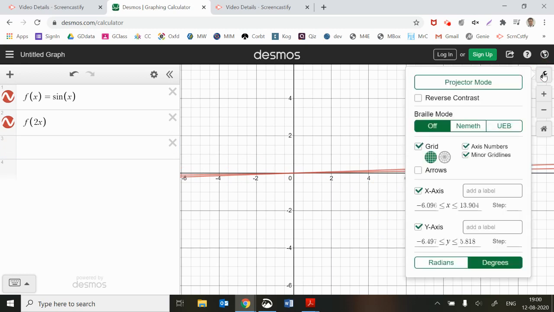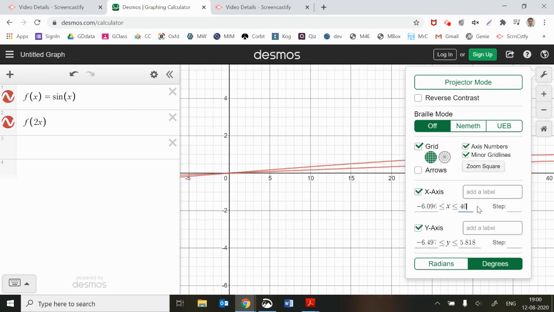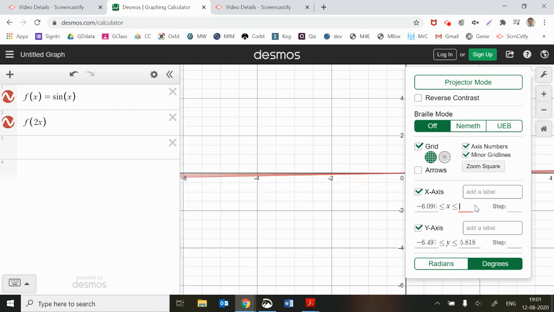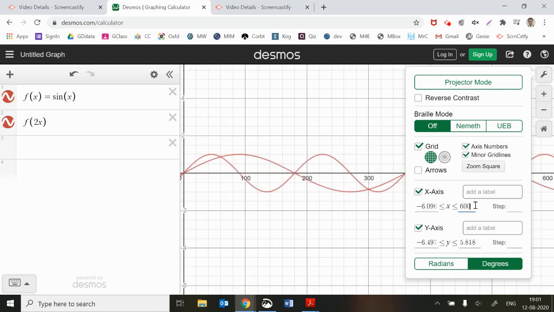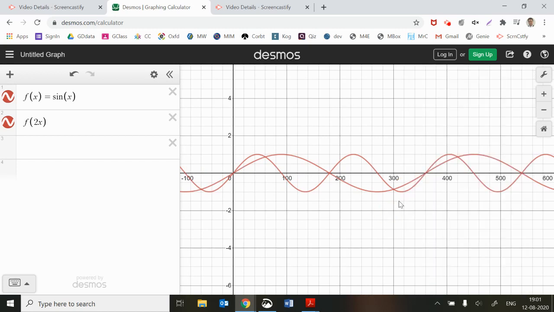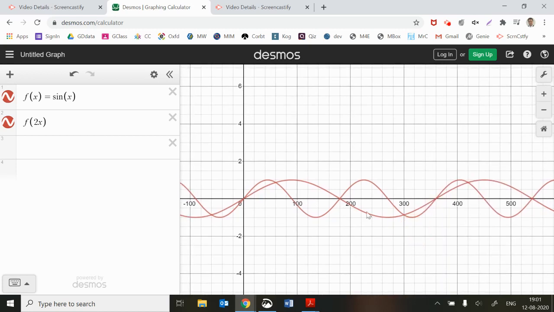Then let's change this so that we grid up to 400 degrees, say. Okay, let's go a bit further, up to 600 degrees. And then let's take this down to 1 minus 100. Okay, so there's our graph again, and you're kind of used to this.